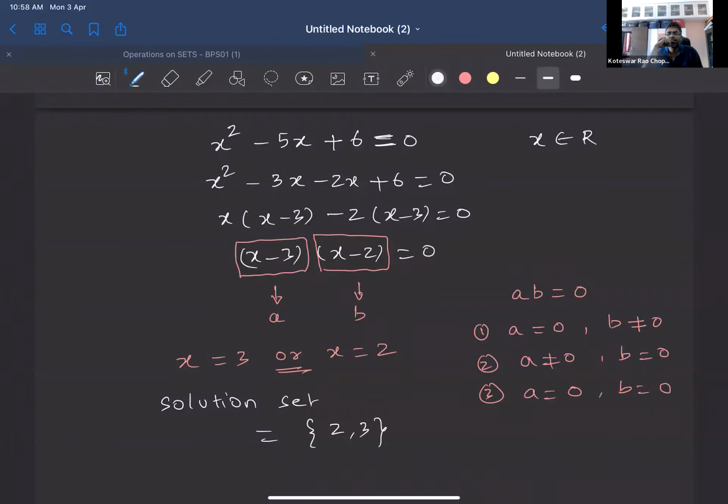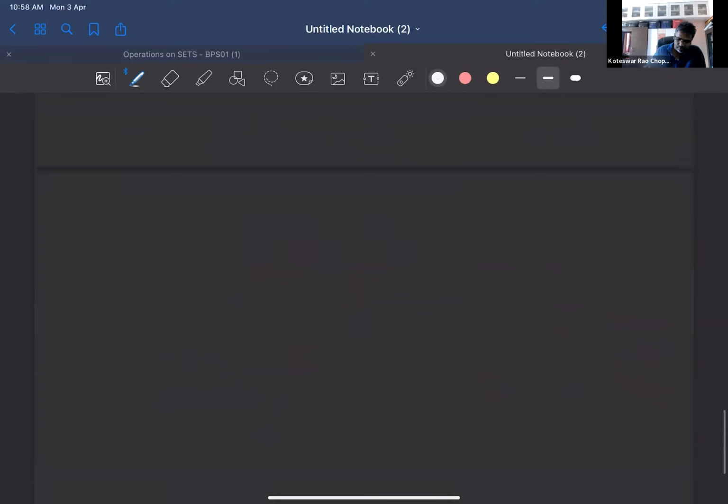I can do that, right? So let's look at this. Suppose I have x square minus 5x plus 6 is greater than 0.